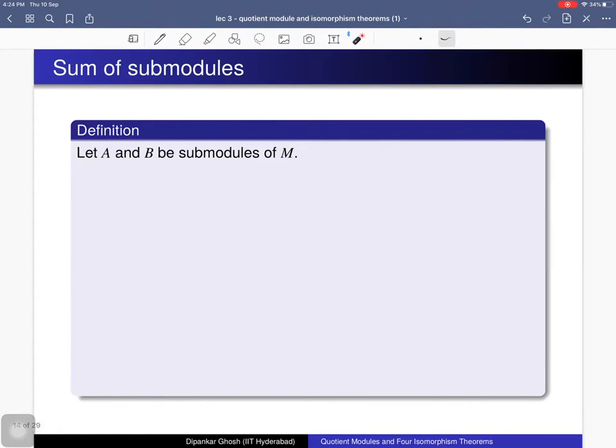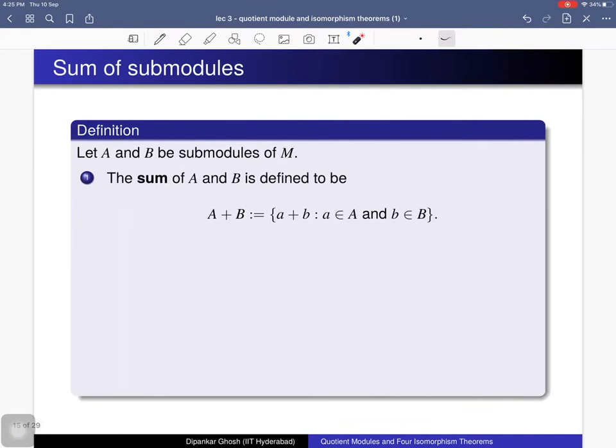Next we will define the sum of submodules. So you consider A and B, both submodules of M. Then how can you define their sum? We can define the sum of A and B in the obvious way. This is just notation, A plus B we write, and what is this?